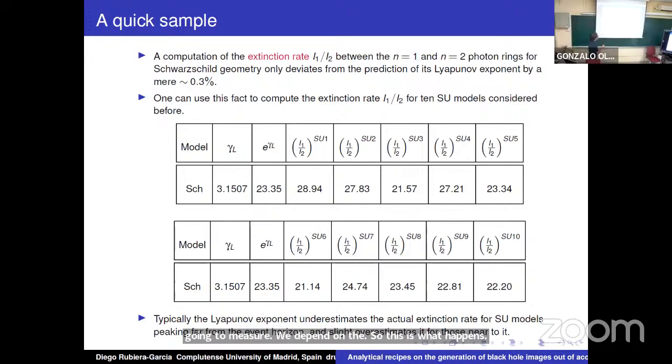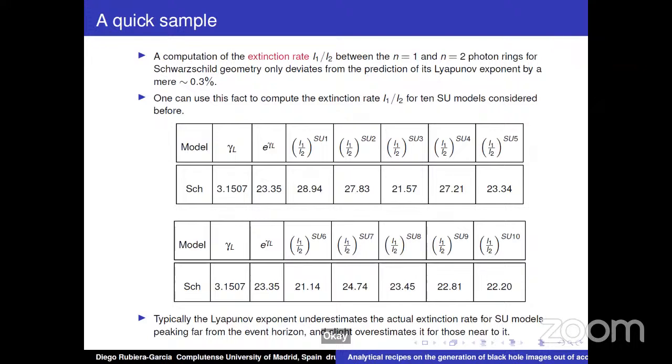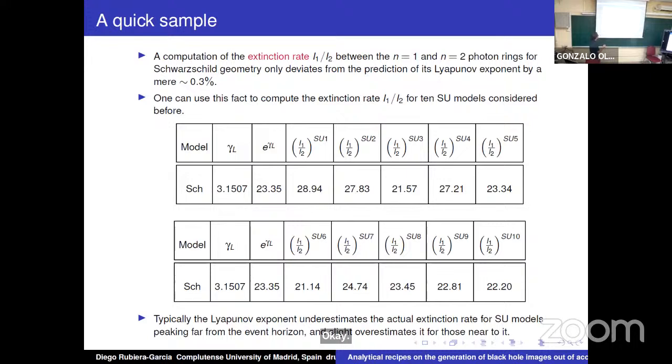Some models grossly overestimate the Lyapunov exponent, these three models. Others underestimate it, and others, like these, give more or less the same value. Meaning, if we have a good model of how the disk emits in this particular scenario, and in the future we are able to measure two photon rings and obtain that number, we can compare it with the actual number from the theory of my object.